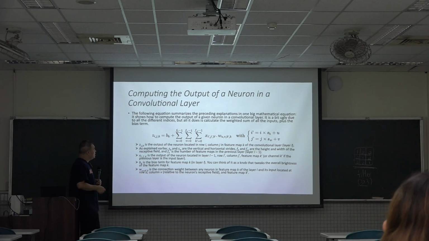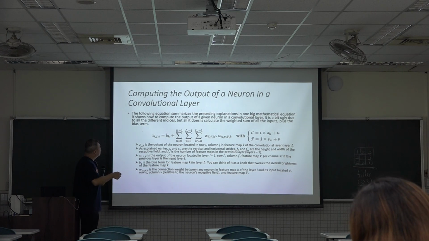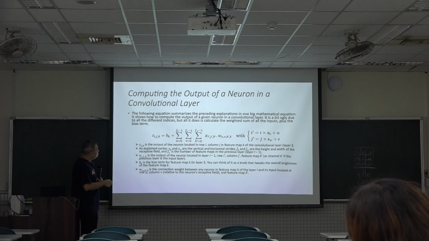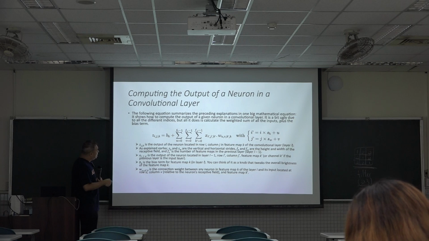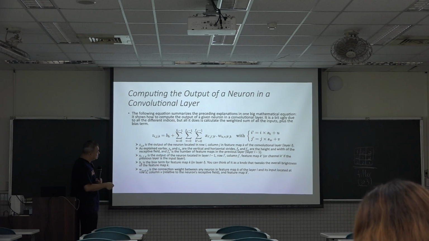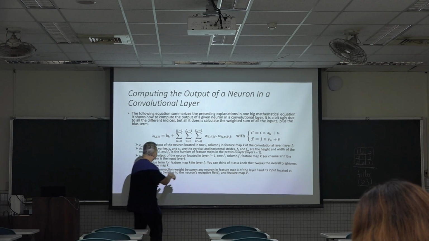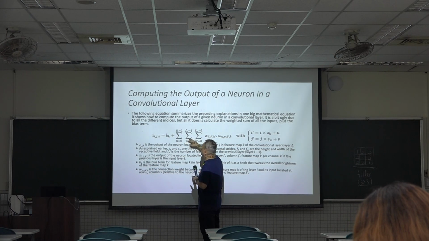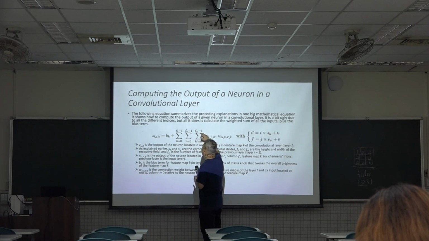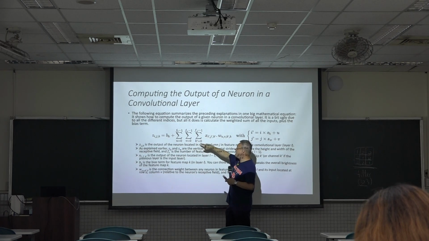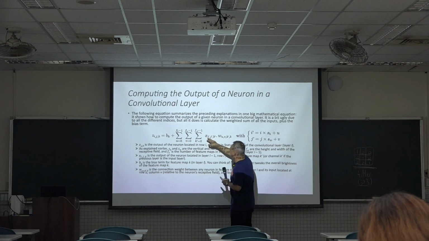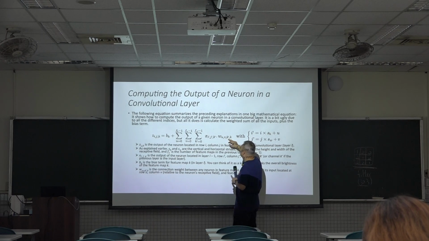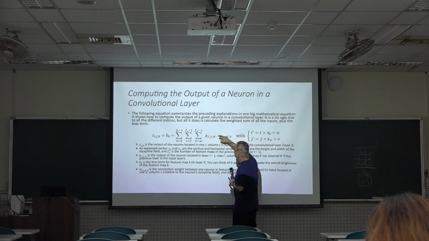So we could write it mathematically, something like this, by an equation. z_i,j,k is the result of b_k, where b_k is a bias, plus a sum over the rows, the columns, and the different feature maps, of x_i',j',k' times w_u,v,k',k.